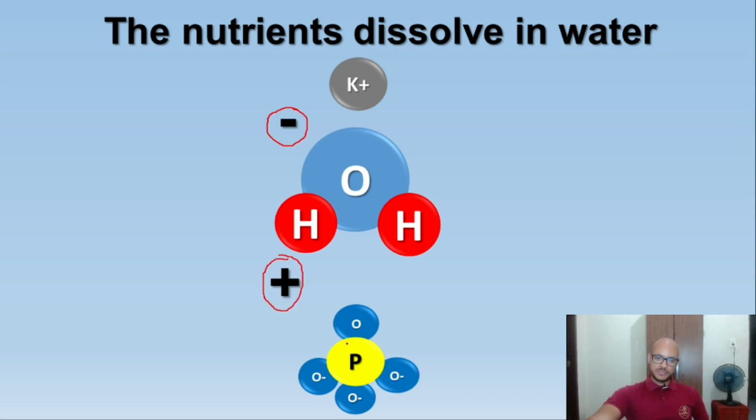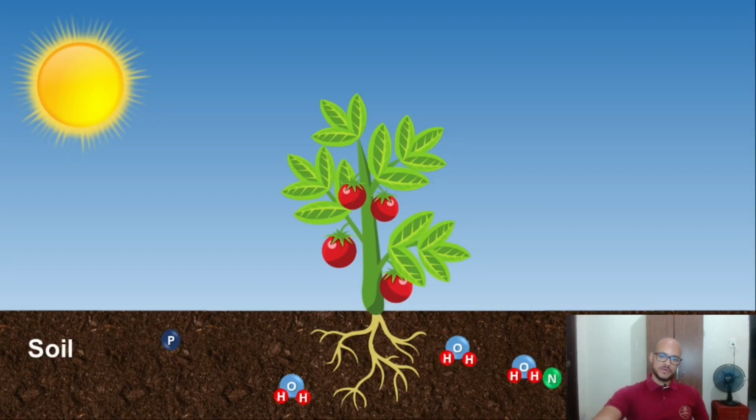So the positive charge attracts negative ions, and the negative charge attracts positive ions. So it can dissolve the nutrients. For example, here we have this plant, and in the soil we have some water and some nutrients, phosphorus and some nitrogen.